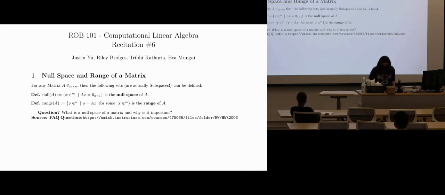And the range of A, on the other hand, is defined as all y's such that it contains the linear combination of the matrix A with any vector x existing in m dimensions.